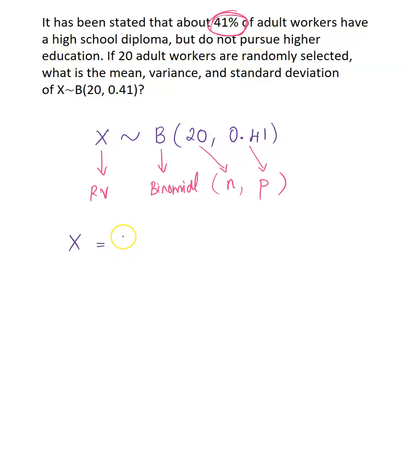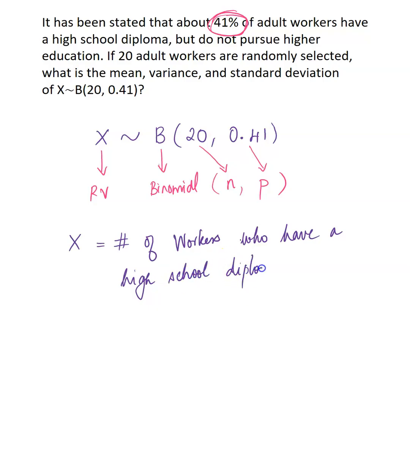So X is the number of adult workers who have a high school diploma but do not pursue higher education.